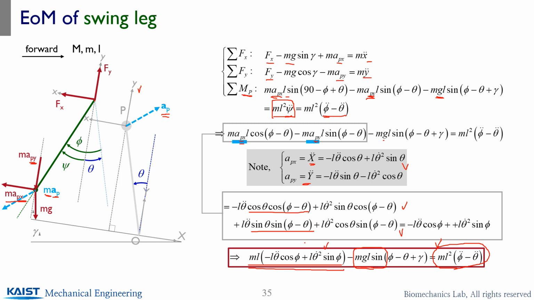The inertia force, right? And then the acceleration here is what? The angular acceleration multiplied by L, and this one is the centripetal acceleration. So this is the equation, looking like a typical pendulum equation with an external force effect by the inertial force of motion of the swing leg.